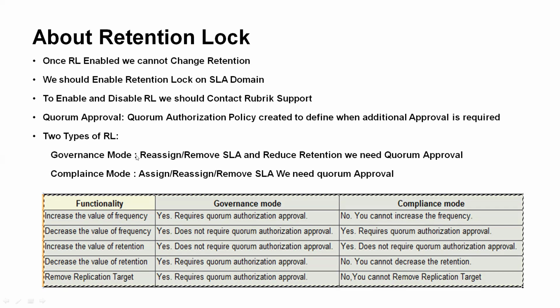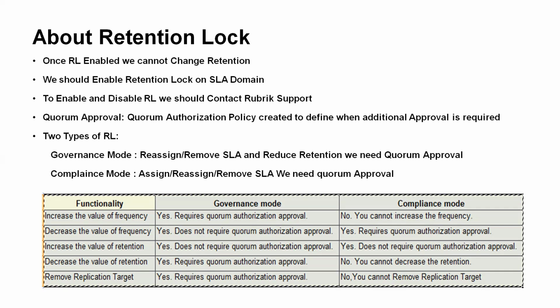Governance mode: if we enable retention lock in governance mode, the first time we assign the SLA domain, we do not need quorum authorization. But if we need to reassign or remove the SLA domain for the workload, or reduce the retention, we need quorum approval from the concerned person.